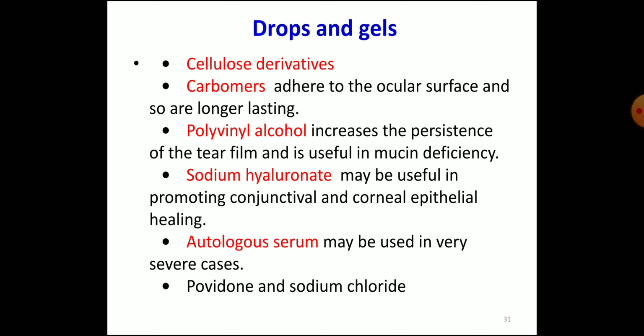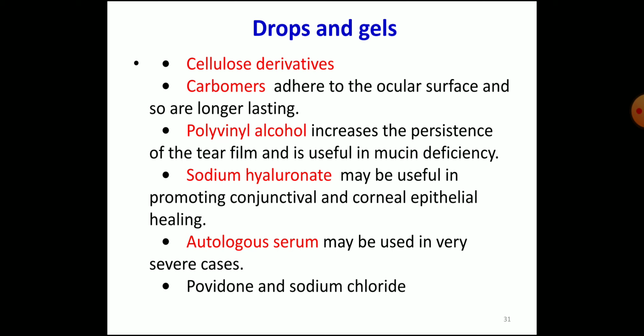Then polyvinyl alcohol increases the persistence of the tear film and is useful in mucin deficiency. So when there is any mucin deficiency, the polyvinyl alcohol type of drops are used, which will increase the persistence of tear film. So it will remain there for a long time.